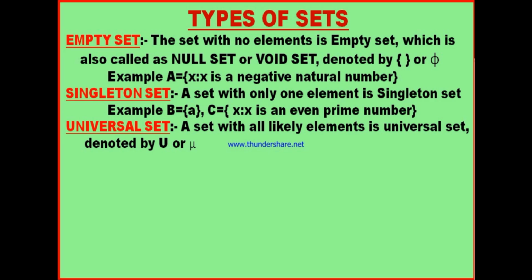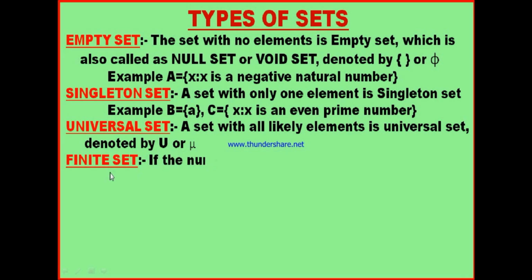Means a set with all likely elements is a universal set. This universal set is represented by capital U or mu. In a Venn diagram, this universal set may be represented with either a square or a rectangle.